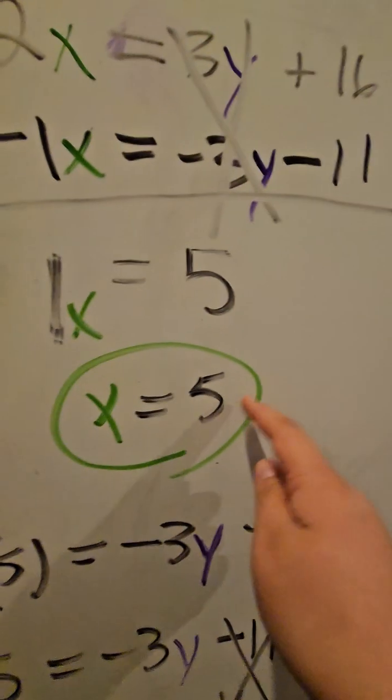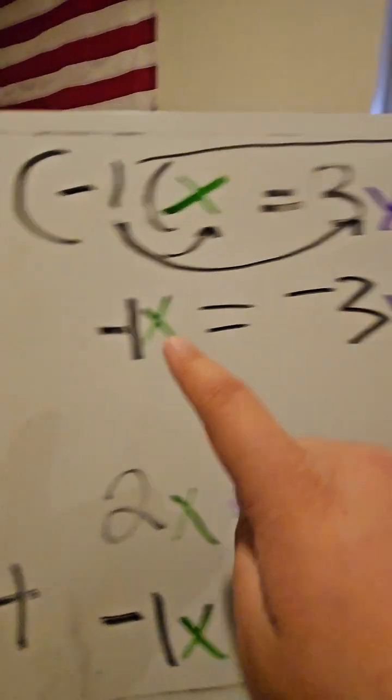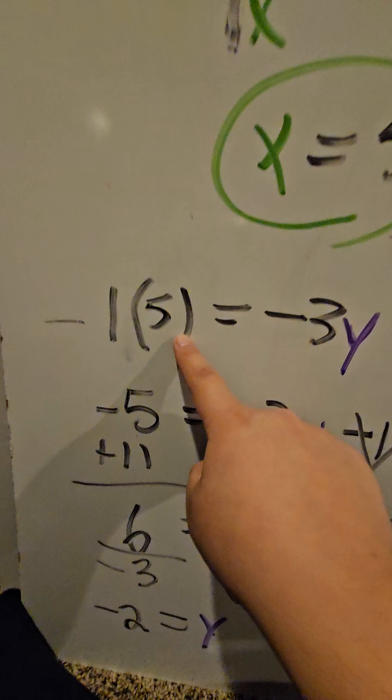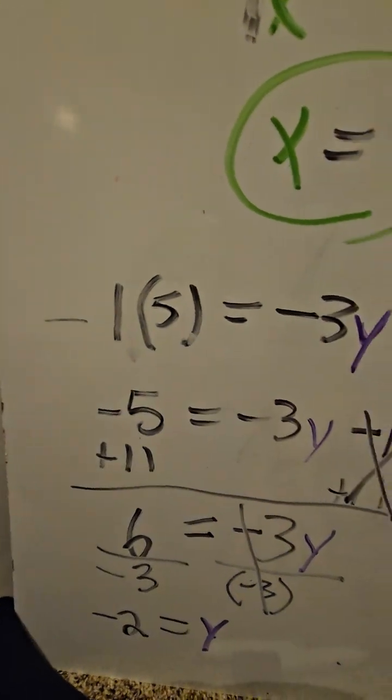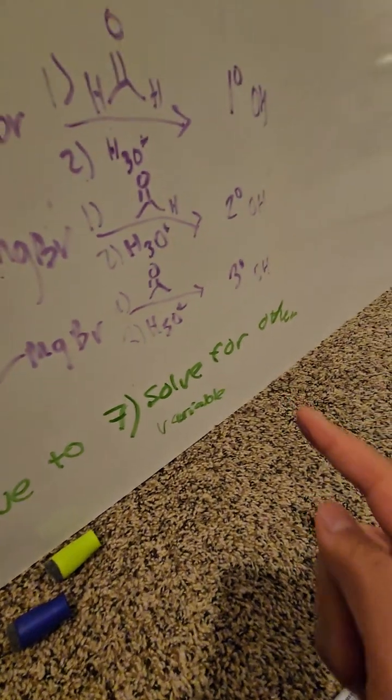Okay, we know what x is now. We can go back, use our value for x and then solve for y, which we did. So we plugged in value to the equation, which we did down here, plugged in 5 for x, and then we started solving for y. Yeah, solve for the other variable.